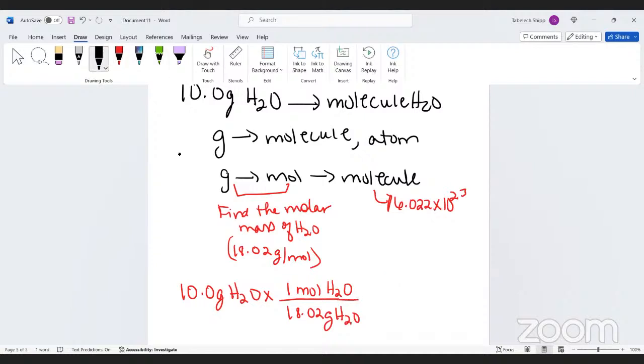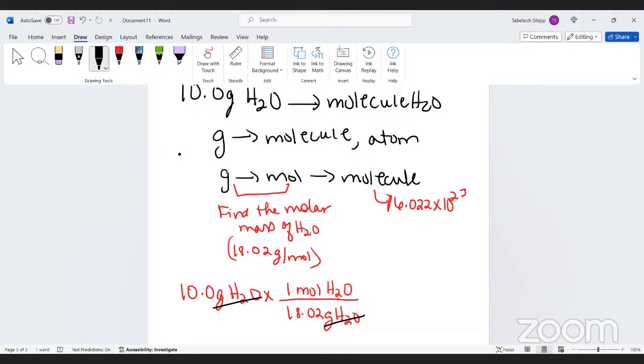Remember, whatever you start with, you want to put on the bottom. That's how you know, Diana, which one is which. The number you start with goes on the bottom, in terms of the molar mass, so they can cancel out.